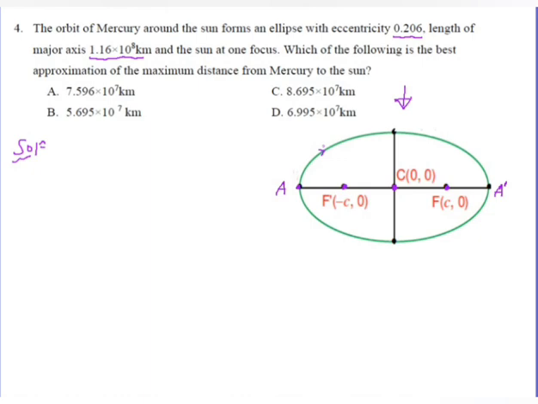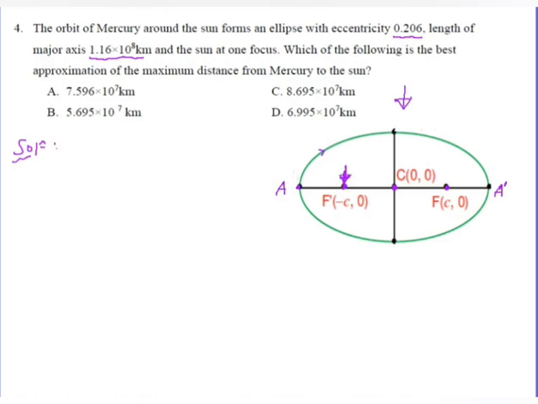So assume Mercury is traveling on these green curves, and the Sun is at one of the foci. Say the Sun is here. Assume the Sun is on this focus. So the question is, what is the largest or the maximum distance from Mercury to the Sun?